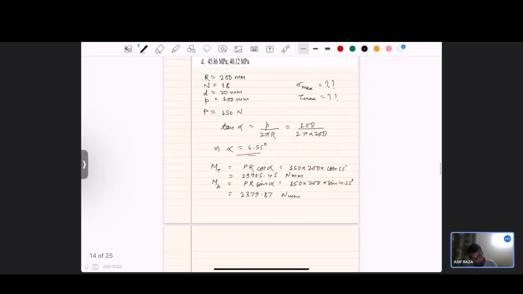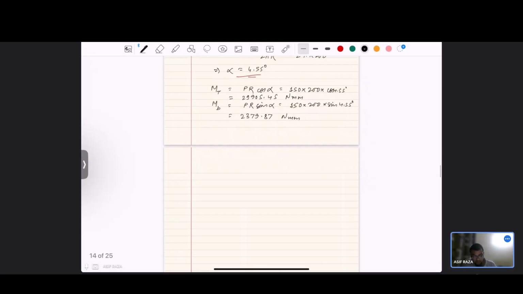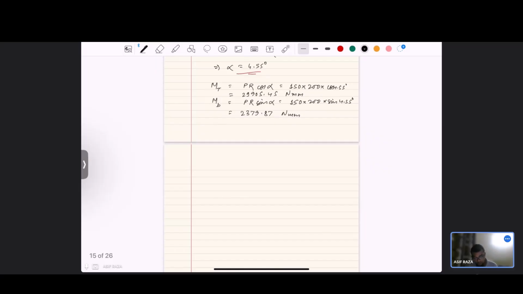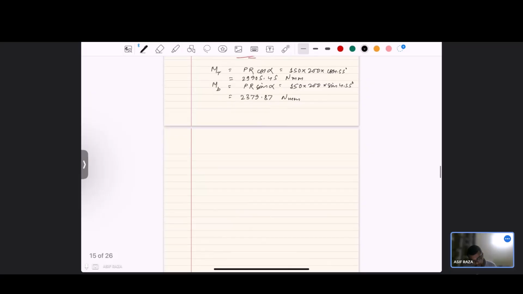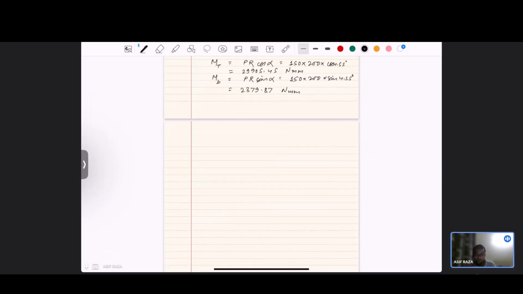Now this is what it has given. Now, the axial tensile force in the wire, if I write it as T, would be equal to P sin alpha.